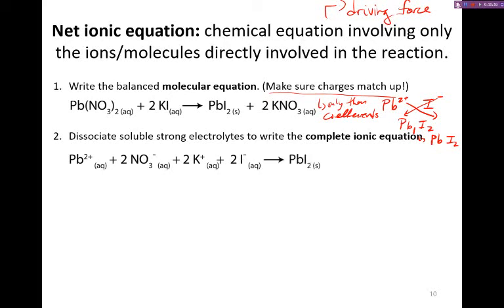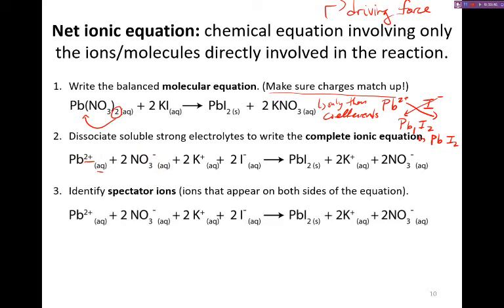We're going to keep together anything that forms a solid, liquid, or gas. Common mistakes here would be to forget to convert the subscripts into coefficients. Make sure that you include the charges and the states of matter.